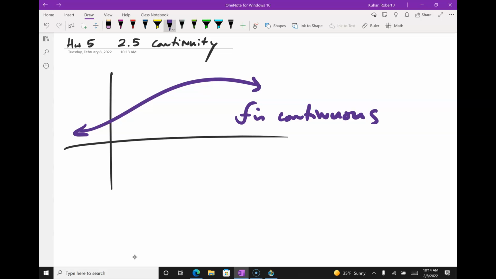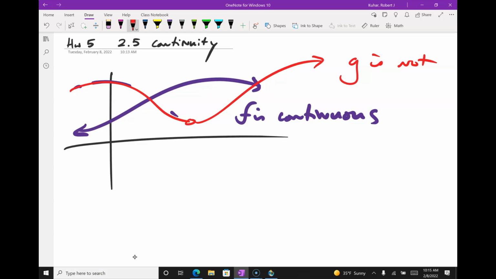There you go. That's all I need. No holes. Right? So G is not continuous. And this is the smallest version of not continuous that we would want to be talking about.